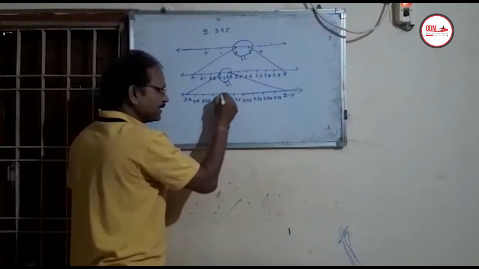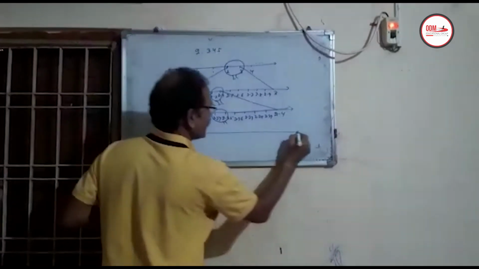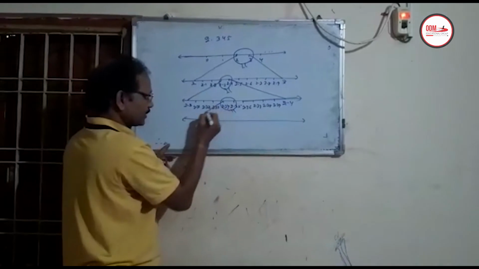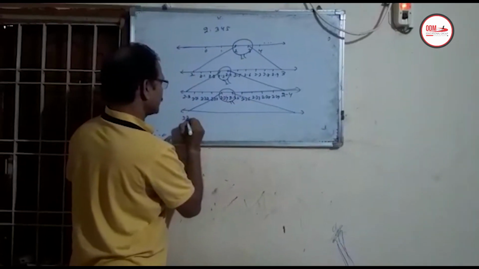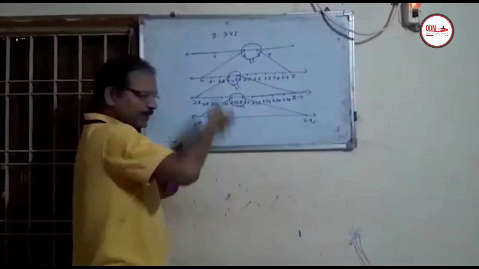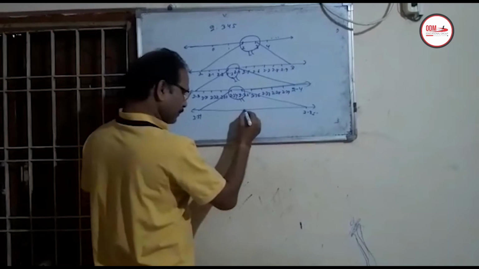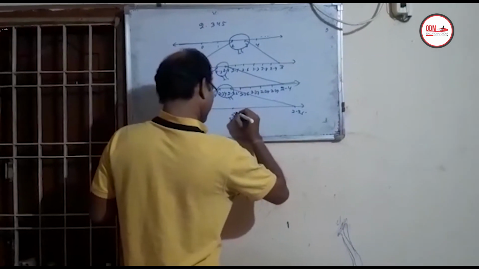Now keep a lens here. Then this size will be increased. This will come here, this point will go there. This is 2.34, this is 2.35. Now it will be divided into 10 equal parts. The middle point is 2.345.